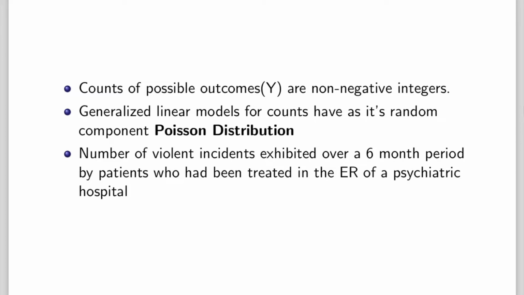For example, if we want to know the number of violent incidents exhibited over a 6-month period by patients who had been treated in the ER of a psychiatric hospital, this is a type of problem that we might encounter for count data, and we can use GLM to solve it.